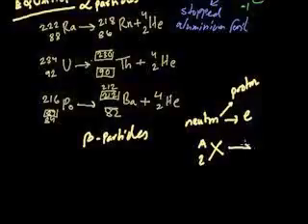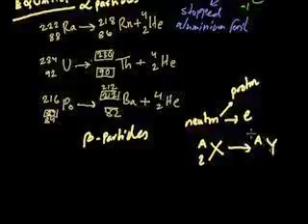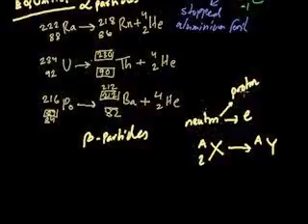And if it's a beta decay, if the beta particles are coming out of the nucleus, what's going to happen? The mass number will always be the same, because the neutron is replaced by a proton. The total mass number is proton plus neutron, so one goes out and another comes in, so the mass number will be the same.